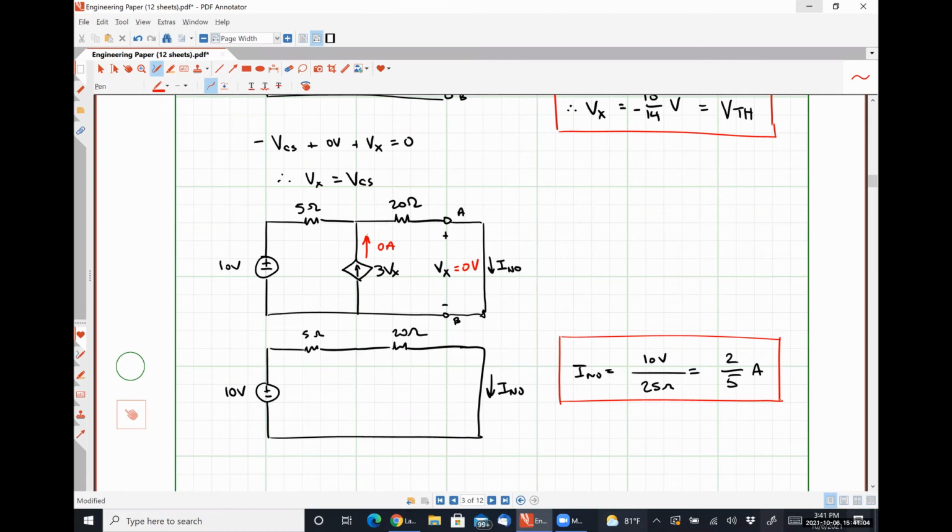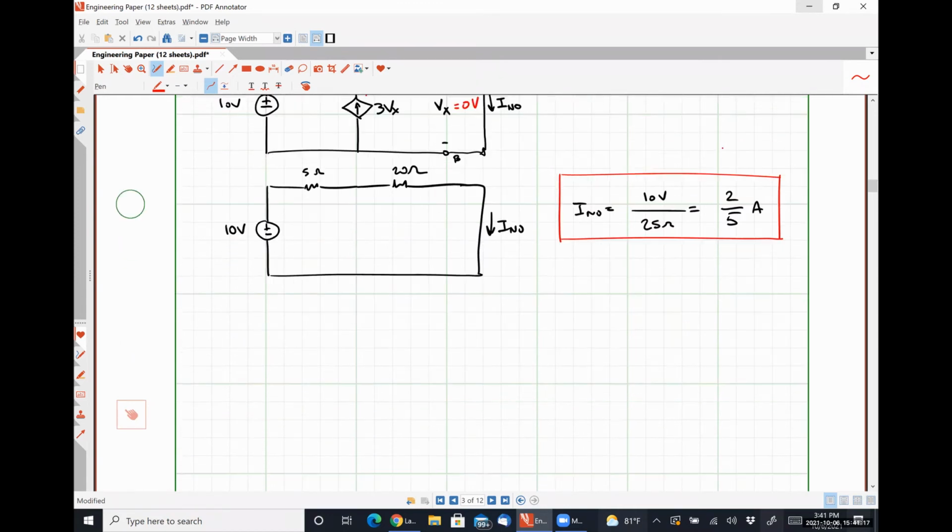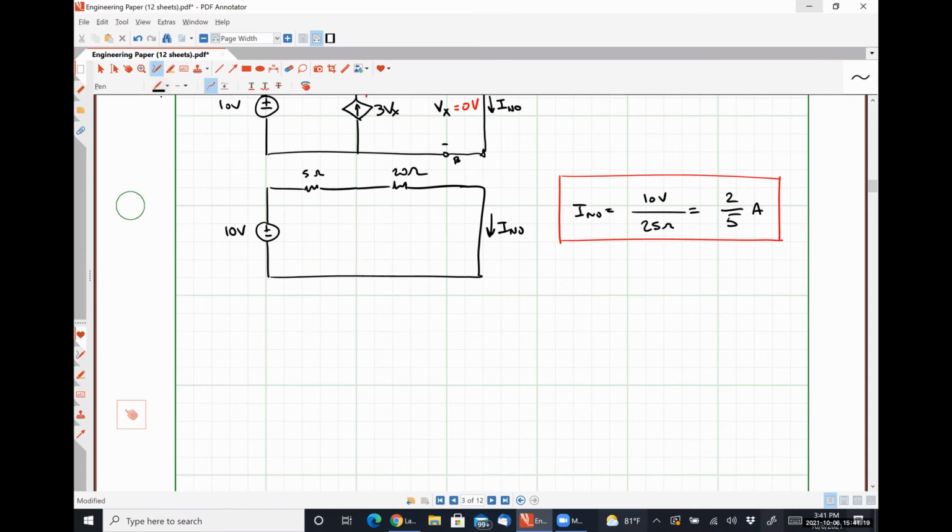So our next step here is going to be determining the Thevenin resistance. And this is where things take a turn, okay? Now, the problem that we're going to have is that if we look at a dead network, we are going to have a short circuit here, a 5 ohm resistor here, our 3Vx current source here.